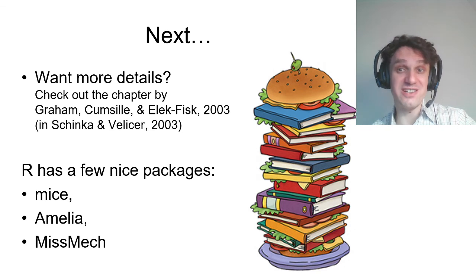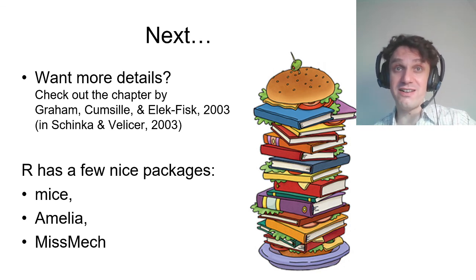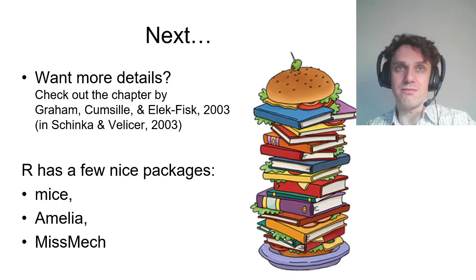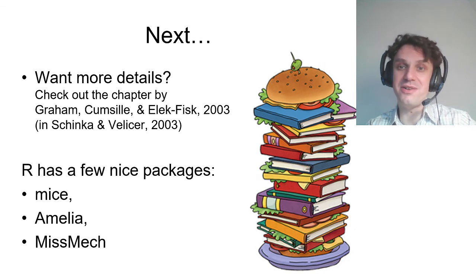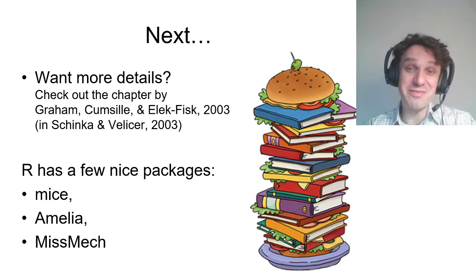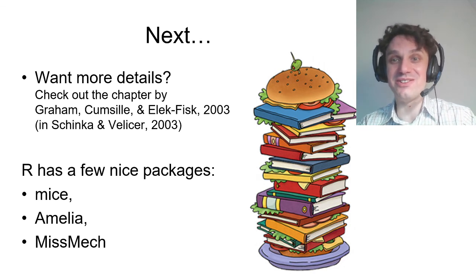If you want to actually deal with missing data, there are several very nice packages in R. There is MICE, an acronym for multiple imputation by chained equations, which can do really robust multiple imputation. Amelia, named after Amelia Earhart, who was missing, which has also several good options.